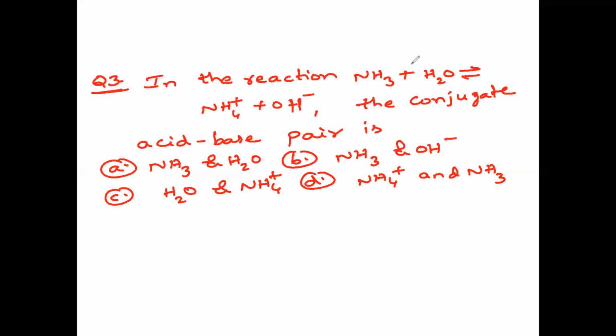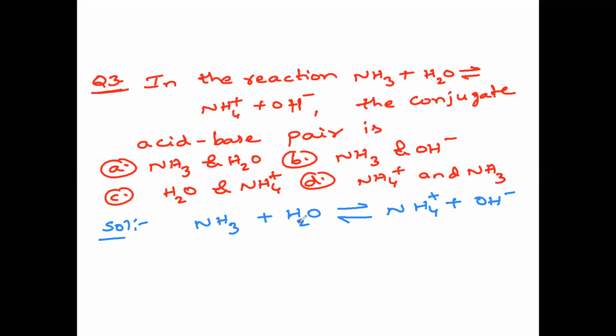Let us discuss answer now. They are asking conjugate acid base pair. So solution, I'll do it in blue ink. First write the skeletal equation: ammonia combines with water, it forms ammonium plus OH minus.